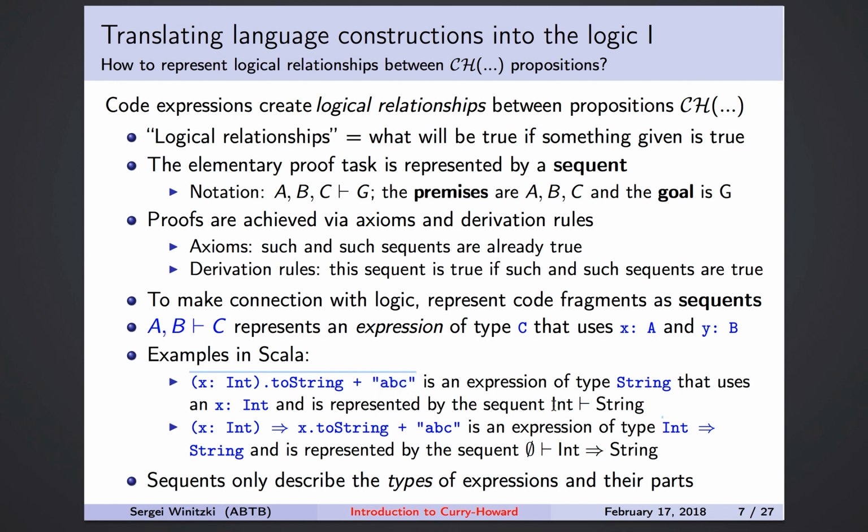The sequent does not express this information. It only describes the types. It is focused on what is the type of the entire expression, which is the goal of the sequent, and what are the types of variables that are assumed to have been already computed, which is the premise of the sequent.